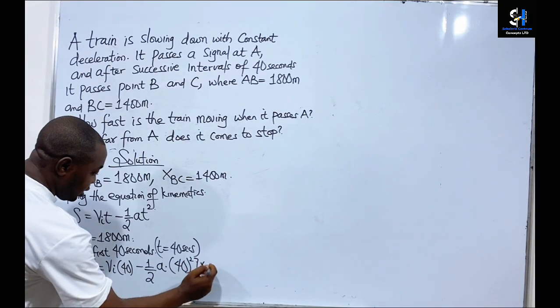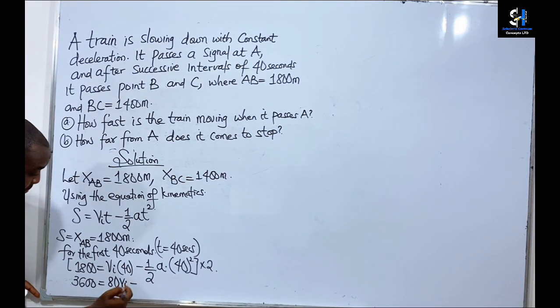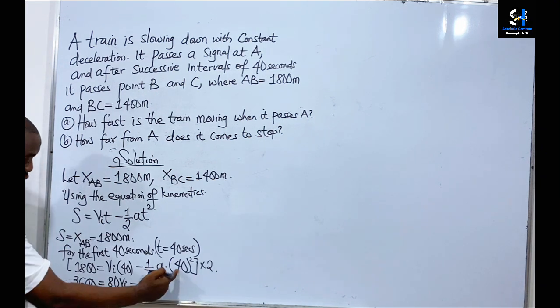I'm going to multiply this equation by 2. So this is going to be 3,600 equals 80 VI minus 1,600 times A.